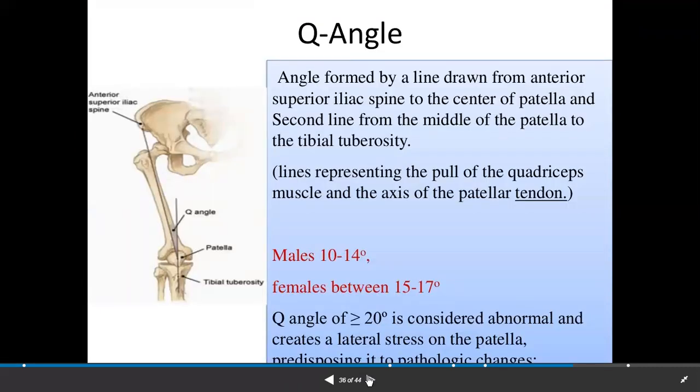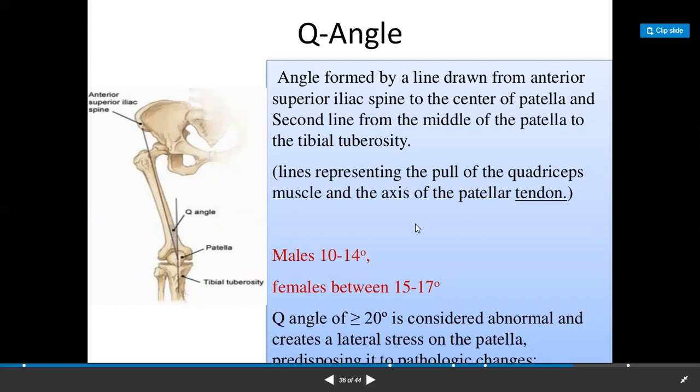So there is an angle which is called the Q angle. It is the angle formed by a line drawn from the anterior superior iliac spine to the center of the patella, and a second line from the middle of the patella to the tibial tuberosity. This is the Q angle, the lines representing the pull of the quadriceps muscle and the axis of the patellar tendon.